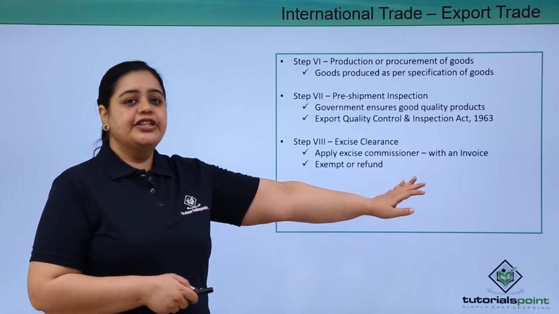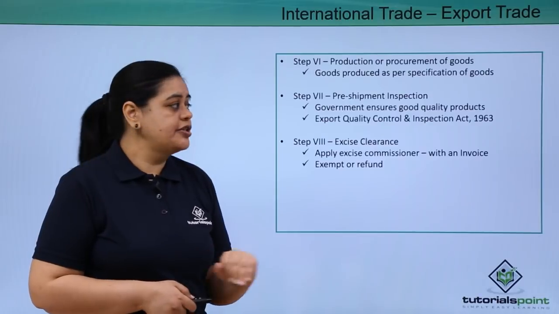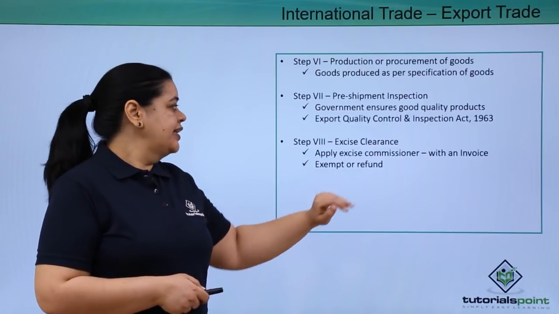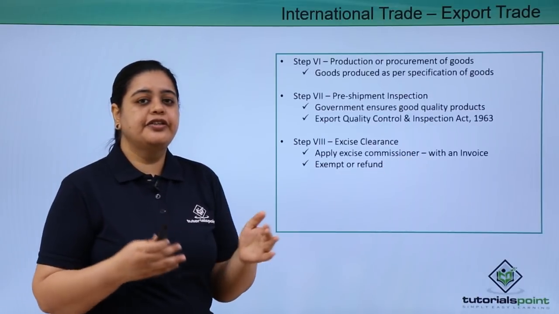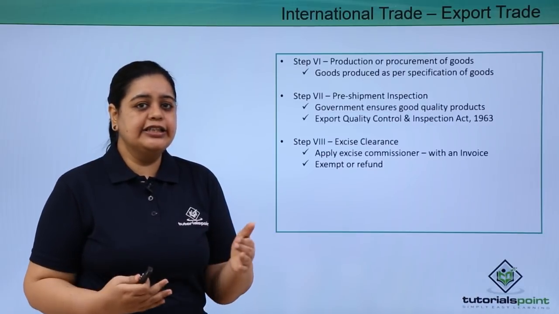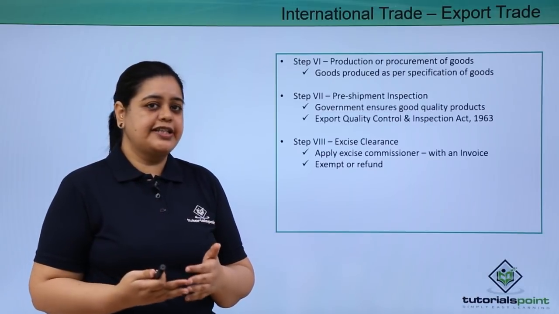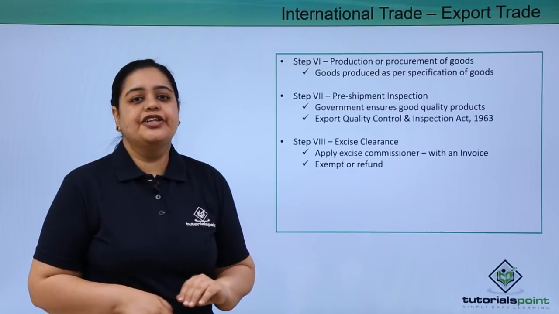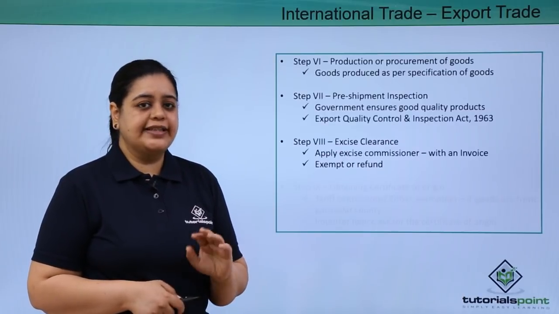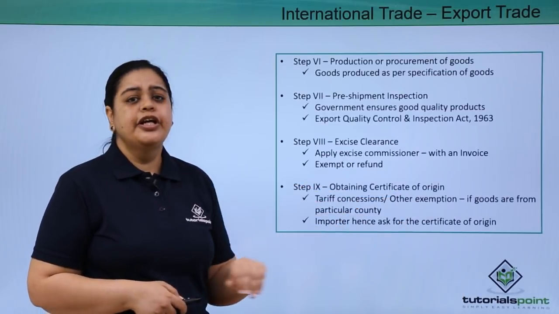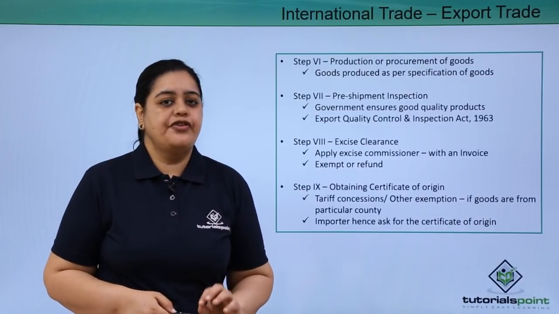What is this? You need to apply to the excise commissioner with an invoice stating that you are not using these goods for internal trade, but these goods are for export. Based on that, you will get your exemption or refund from excise duty. Now you need to obtain a certificate of origin.